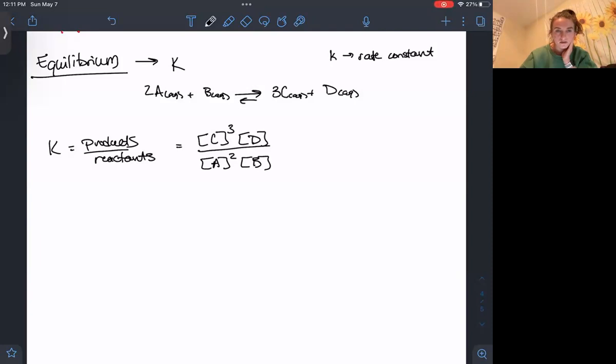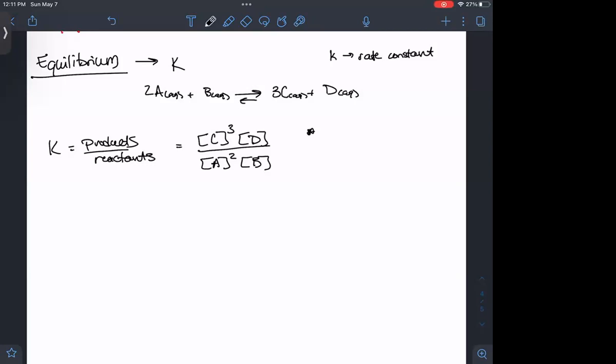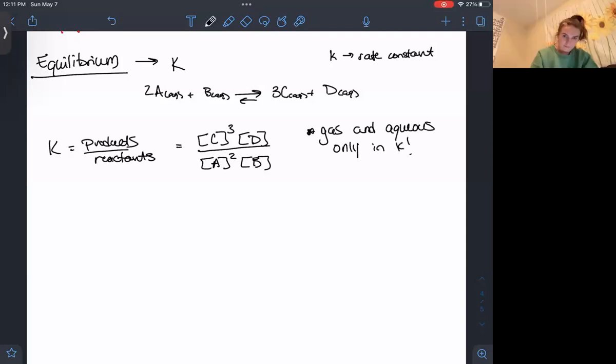Questions on K? Just generally setting it up. What can go into K? What states, or phases, can go into K? Yep, gas. Yep, coefficients become your exponents. Solids and liquids, you don't include.